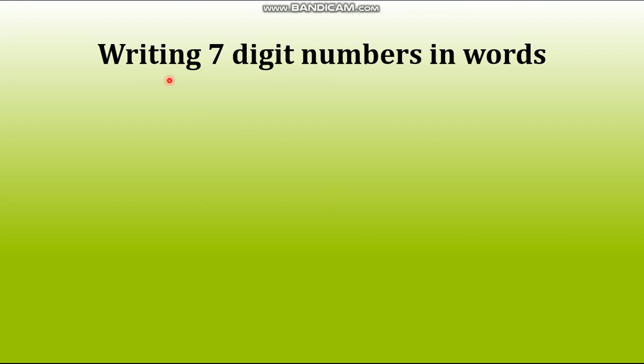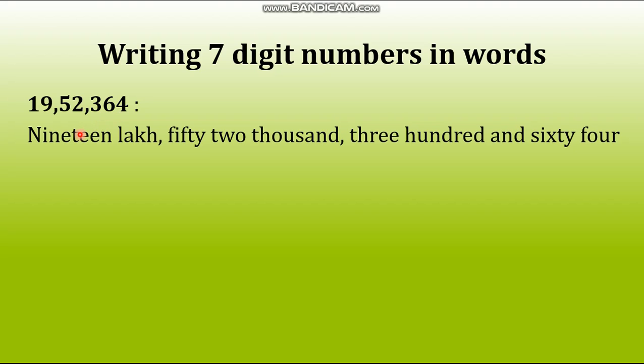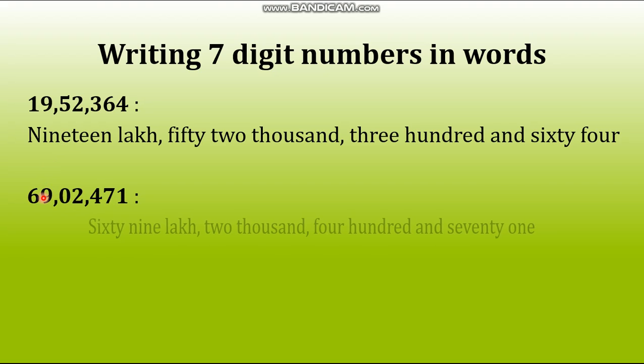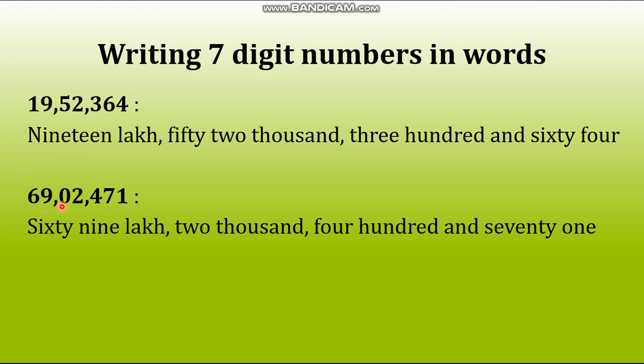Now let us learn how to write a 7-digit number in words. Here is the first example in front of us. This is 19 lakh 52,364. Second example, 69 lakh, as there is 0 at 10,000s place, we have to write directly 2,471.